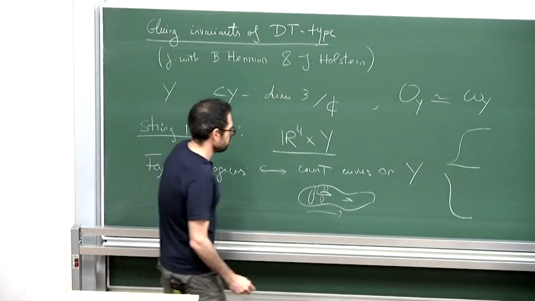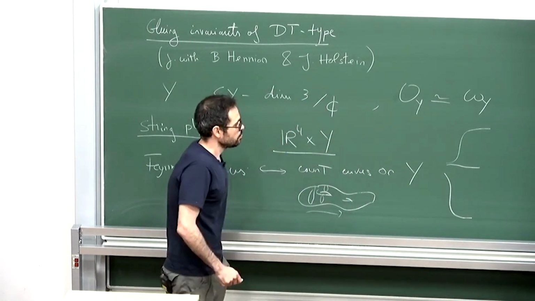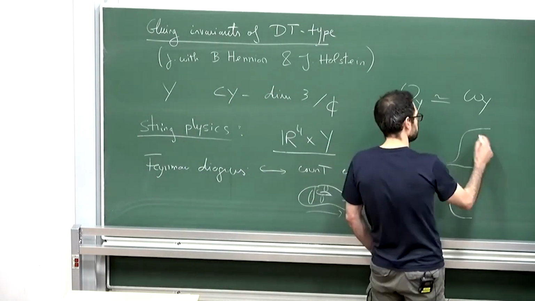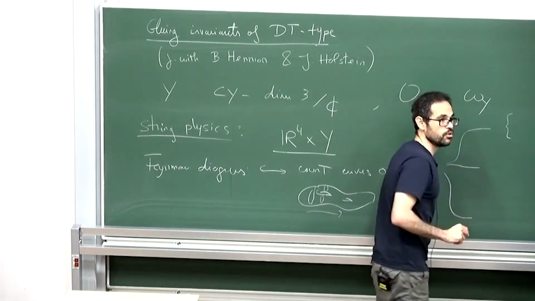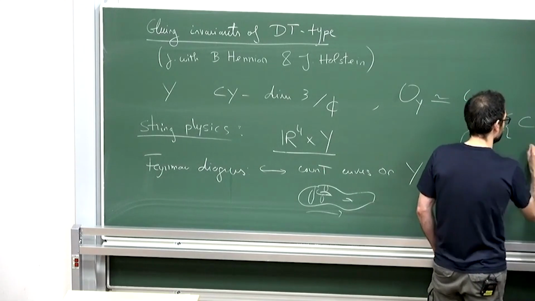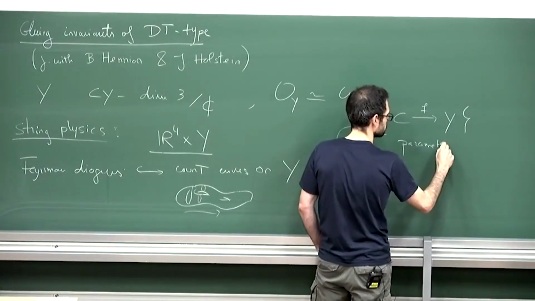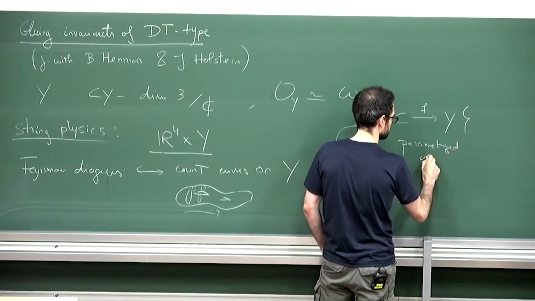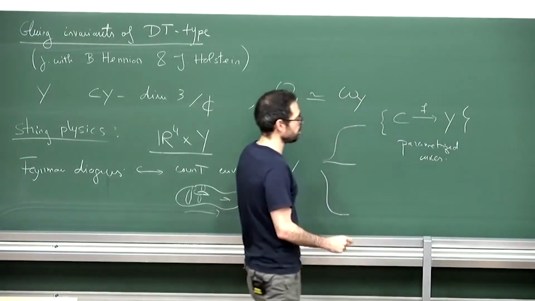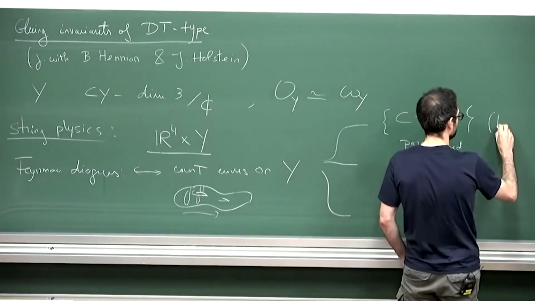The first counting is, so curves, I mean algebraic curves. The first way to do this counting is by looking at the moduli of all parametrized curves. What I mean by parametrized curves is the Kontsevich notion of stable maps.